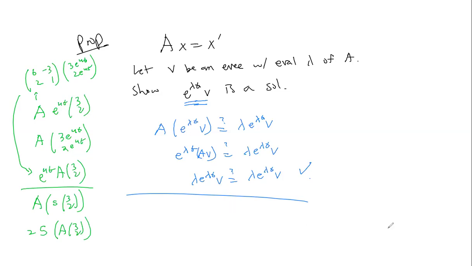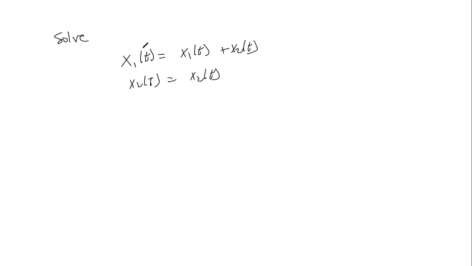So I think maybe the best way to get a grasp of this is to do another example. So why don't you try doing an example? Let's find a general solution to x1 prime of t equals x1 of t plus x2 of t, x2 prime of t equals x2 of t.